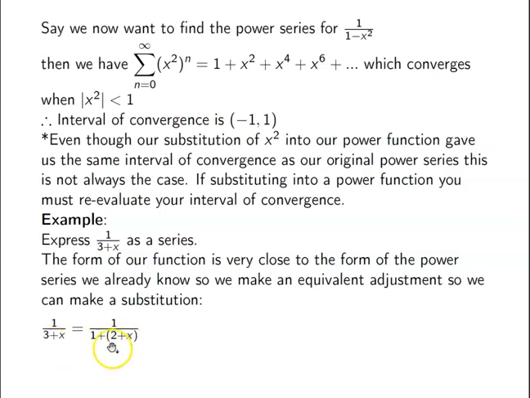Okay, so let's try to play around with some signs here to see if we can get a 1 minus something. So if I subtract a subtraction, it turns into addition. So I'm pretty good here. So now I have 1 over 1 minus a negative of 2 plus x. Okay. I can go ahead and distribute this negative if I want, but this actually might be easier for me to deal with. Okay. It's really up to me at that point.